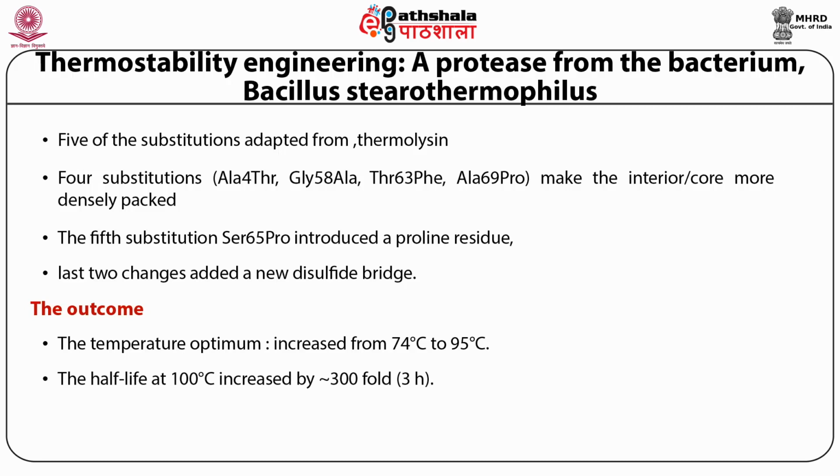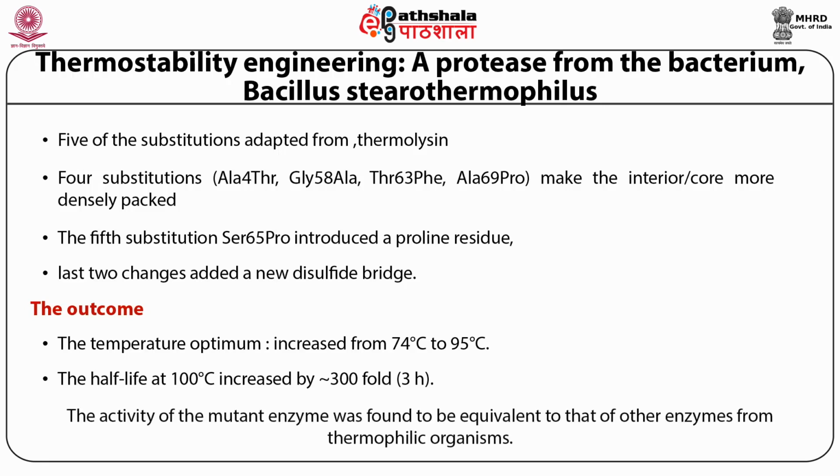So this is a very good example to see that genetic level modifications in a protein can inculcate more thermostability in an enzyme. The activity of that mutant enzyme was found to be equivalent to that of the thermophilic enzymes. So we are increasing the thermostability and the half-life, but at the same time the activity of the enzyme is not being affected, or rather it is being increased.